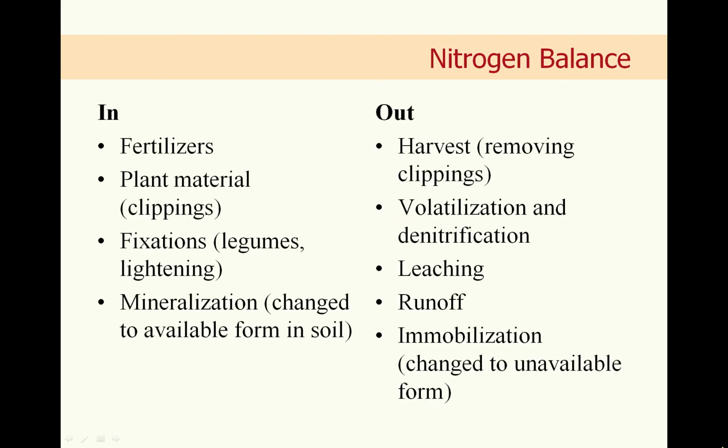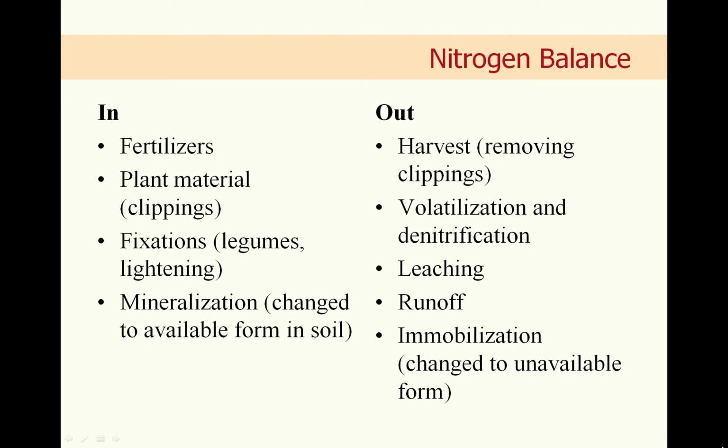Let's talk a little more about nitrogen. On the left are the ways that nitrogen can get into a turf system or become available for the plant. Fertilizers, obviously. Clippings contribute quite a bit of nitrogen. Just returning clippings can essentially give you a pound or more of nitrogen per 1,000 square feet every year.